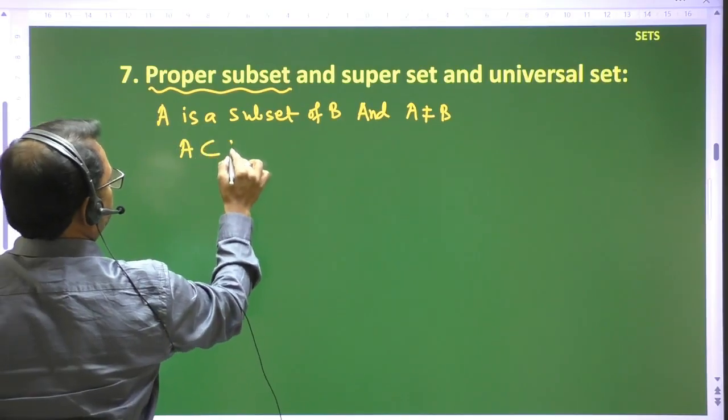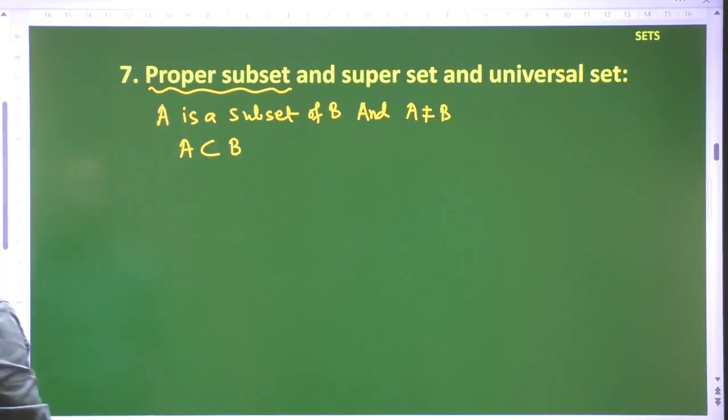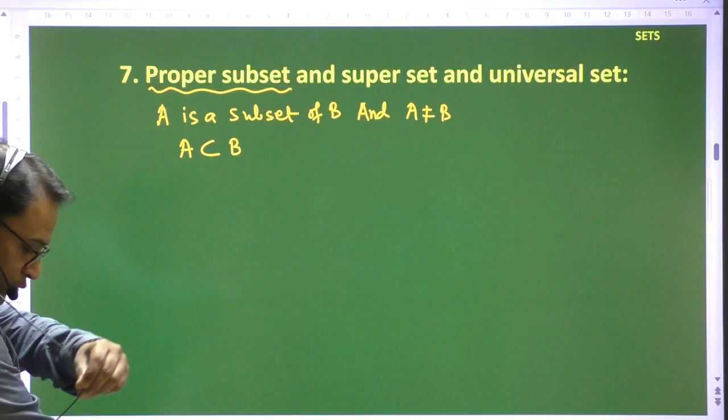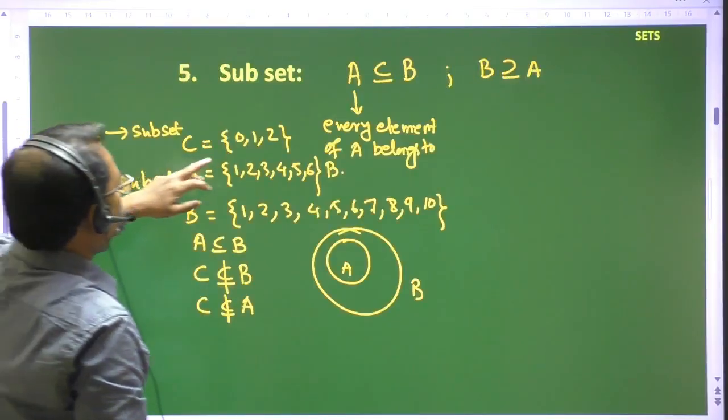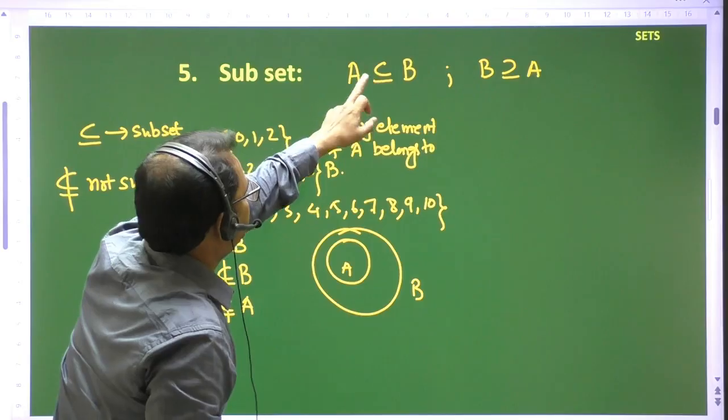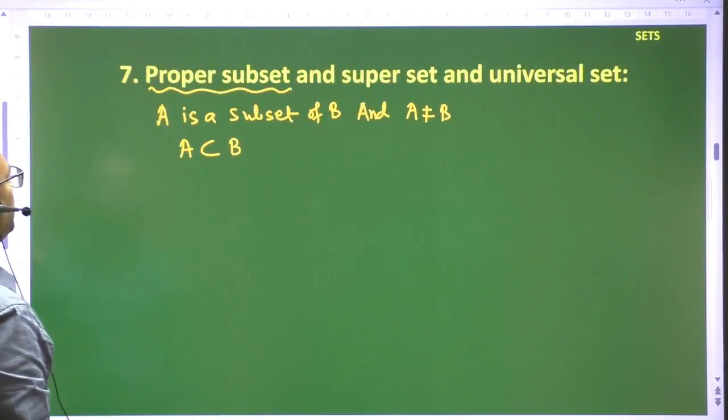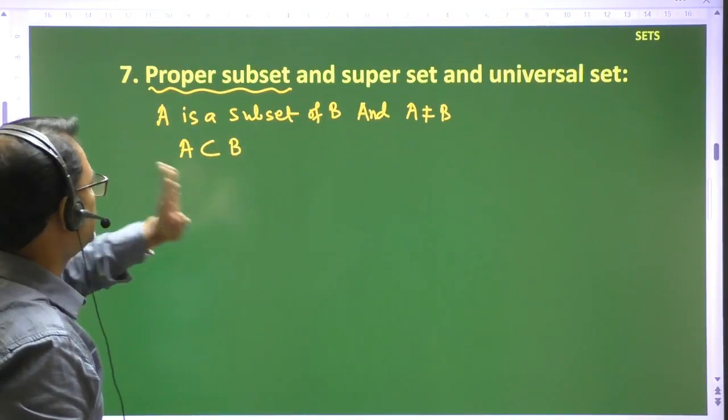In case of a subset, you notice there is an equal to sign present, but in case of a proper subset, the equal to sign is not allowed.